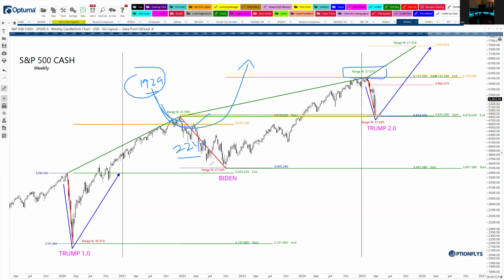You're comparing today's world with 1929, and making a case it's going to take us 22 years, so 2047. 22 divided by 4 is about 5 presidential terms to get us back to the highs.